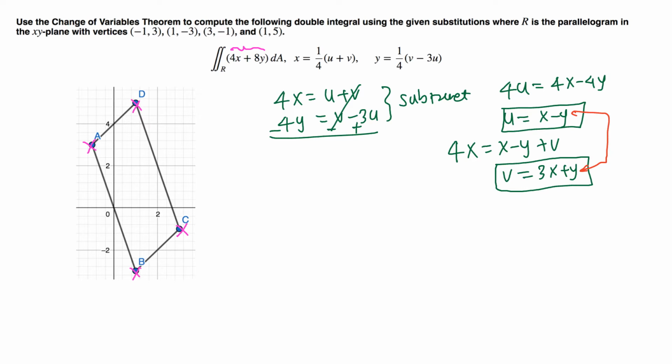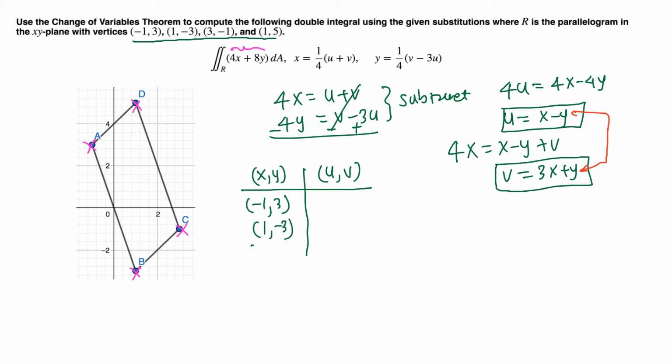Now let's convert these four points into the uv plane. Let me draw a table. The x, y coordinates we are converting into uv. The given points are (-1, 3), (1, -3), (3, -1), (1, 5). Use these two new formulas to convert into uv. So x equals -1, y equals 3.